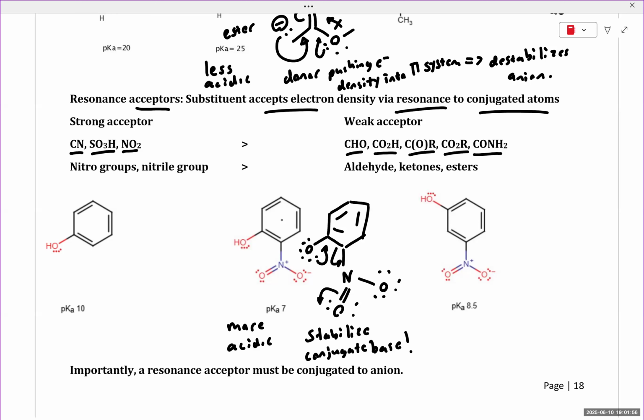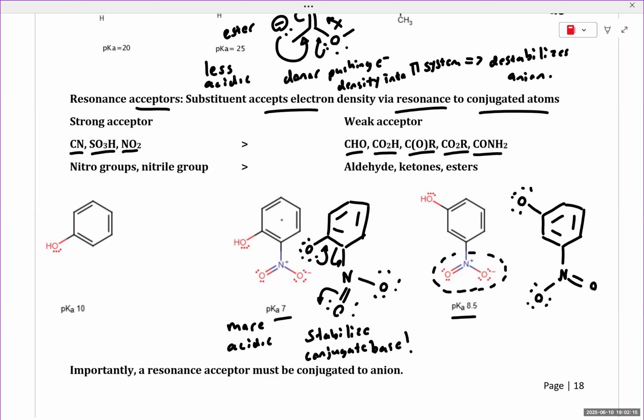You may wonder why just changing the position of this nitro group has a dramatic effect on pKa. Well, part of the reason for that is when we have the nitro group in what's known as the meta position of the ring, you could take a few moments and try to push electron density into the adjacent withdrawing group.